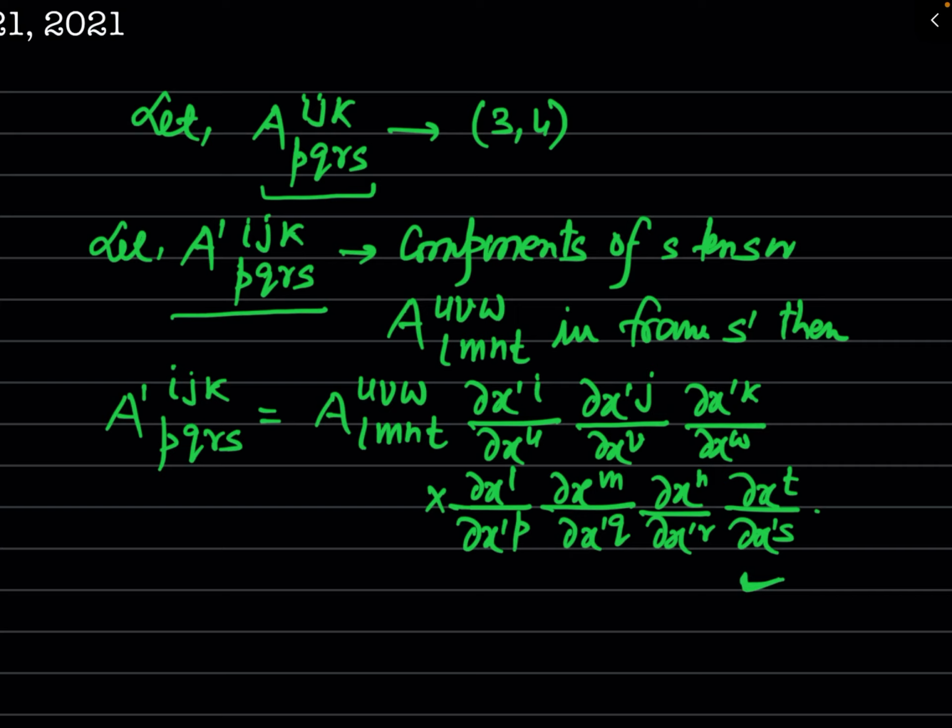Now, after getting the idea of such a transformation law for tensors of higher rank, we will discuss a very important tensor which is known as the zero tensor. So what is the concept of this zero tensor? We will see now on the basis of this idea. So let us see what is a zero tensor.